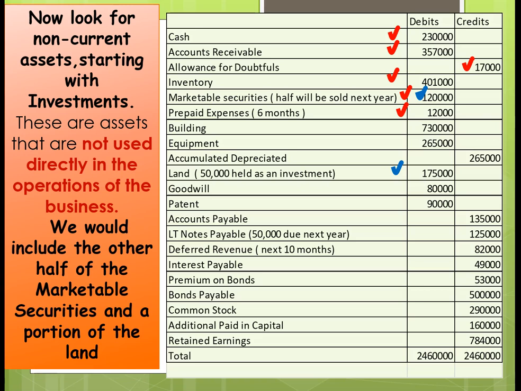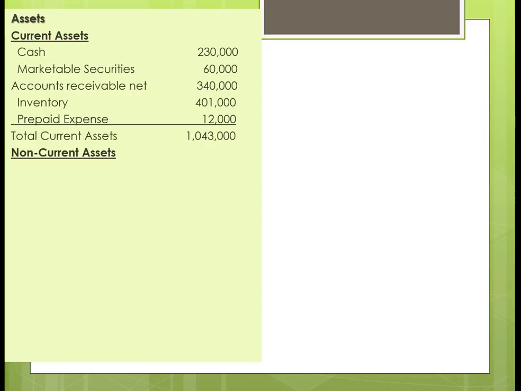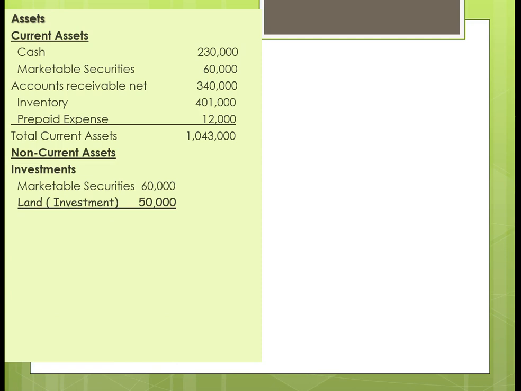We're not using it. So now we're going to look at this presentation on our balance sheet. We would have investments, we'd have marketable securities, and we would have our $50,000 land, which we are not using right now because our goal was to sell it, and that would give us our total investments.